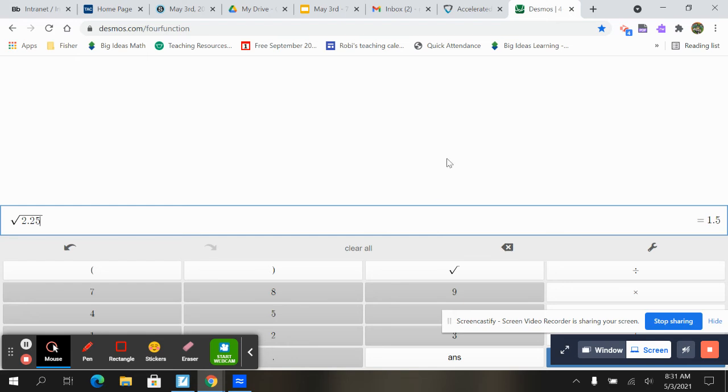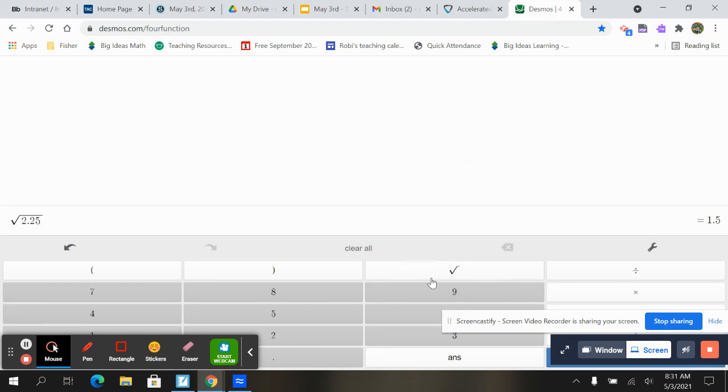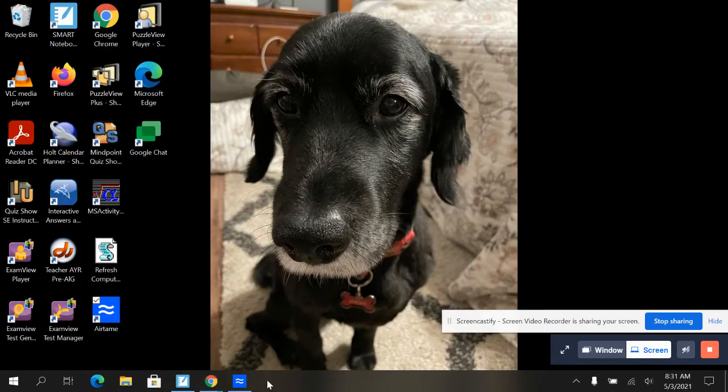Right here is your radical sign. Plug that in, the cursor automatically comes up. Now, unfortunately, you won't be able to use this on Thursday's quiz because the quiz will be over the square root chart.